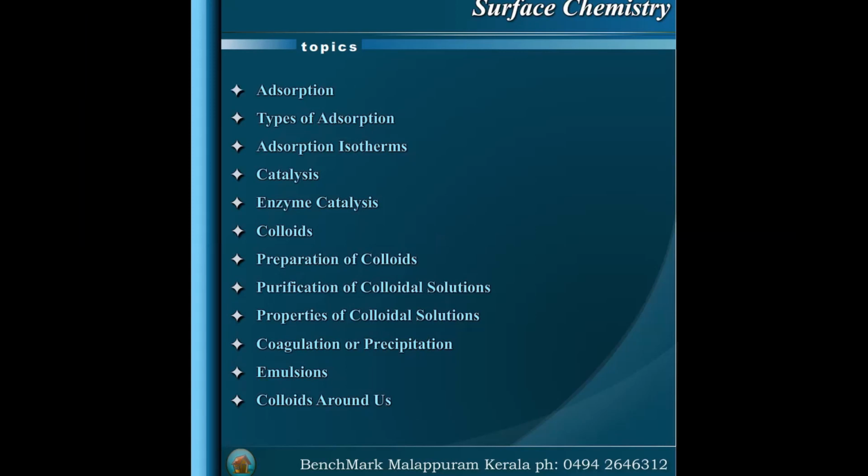The next part in surface chemistry is emulsions. What are emulsions? Emulsions are liquid-liquid colloidal systems. That is, the dispersion of finely divided droplets in another liquid.